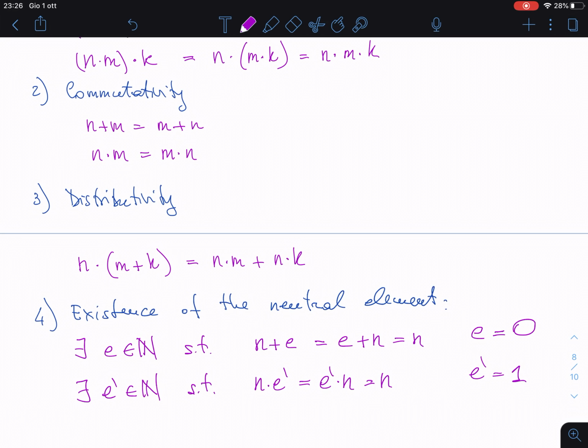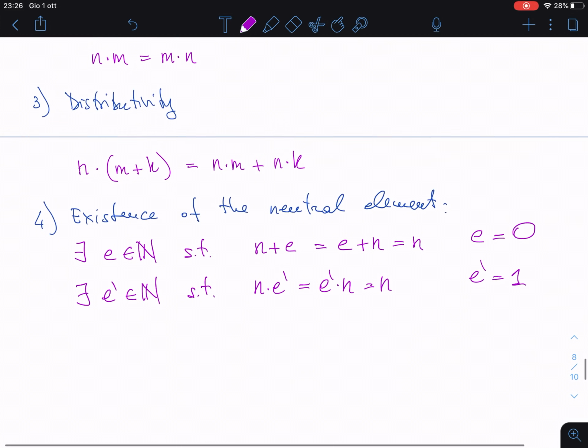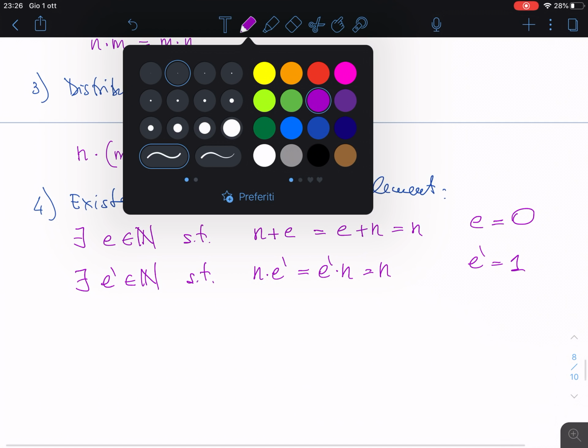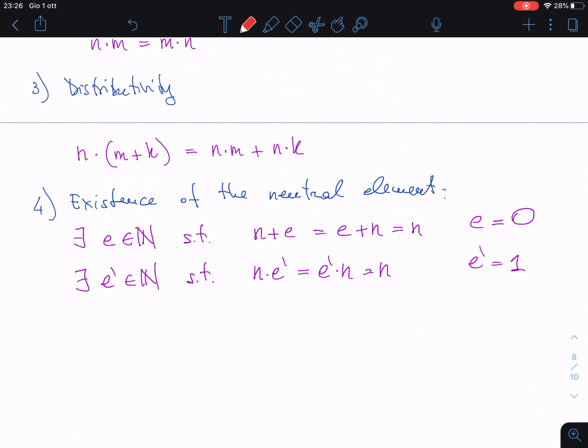And this is all for the algebraic structure of naturals, but there is another property of naturals which is extremely important, because it gives us a powerful tool to provide definitions and also to provide proofs. And this is the induction principle.